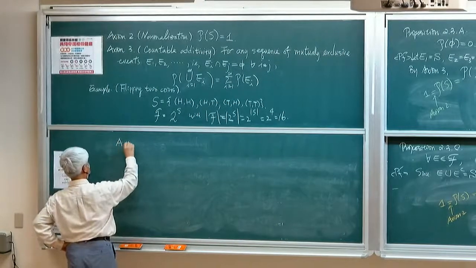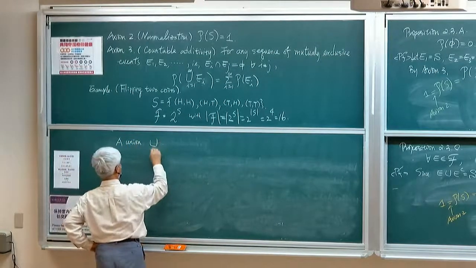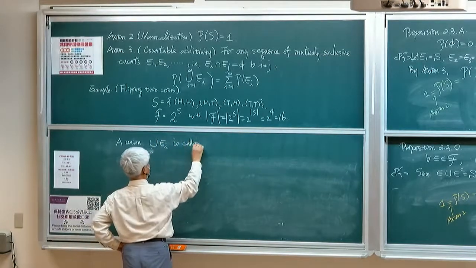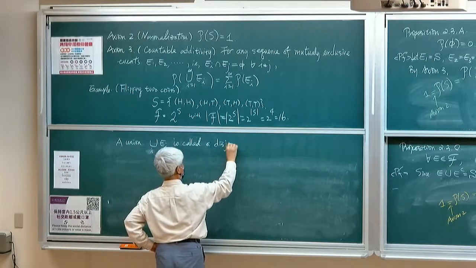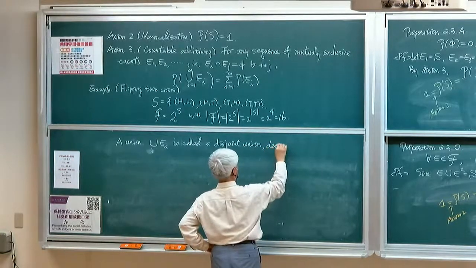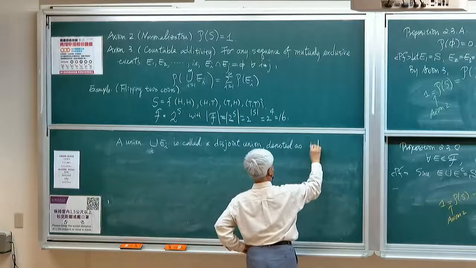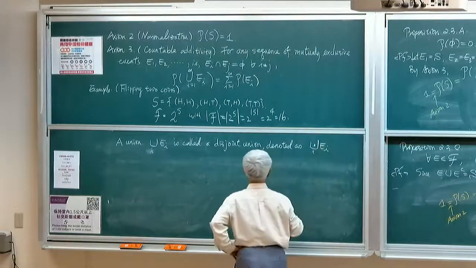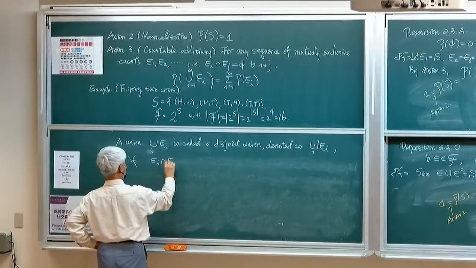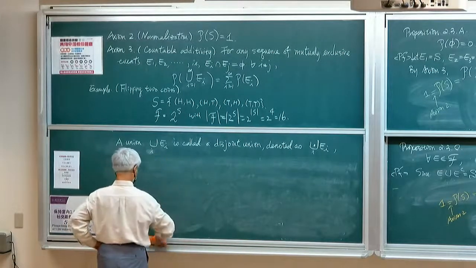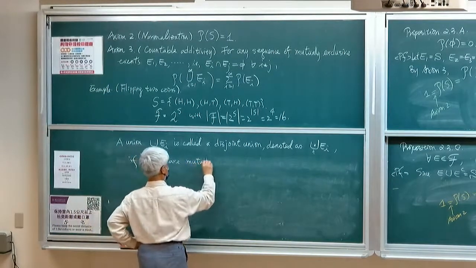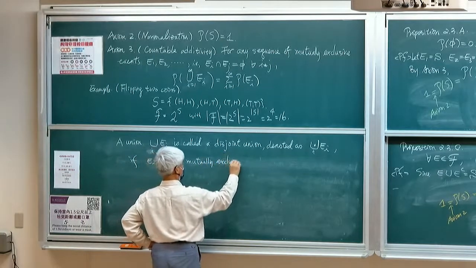A union is called a disjoint union, denoted as such, if the E_i are mutually exclusive.